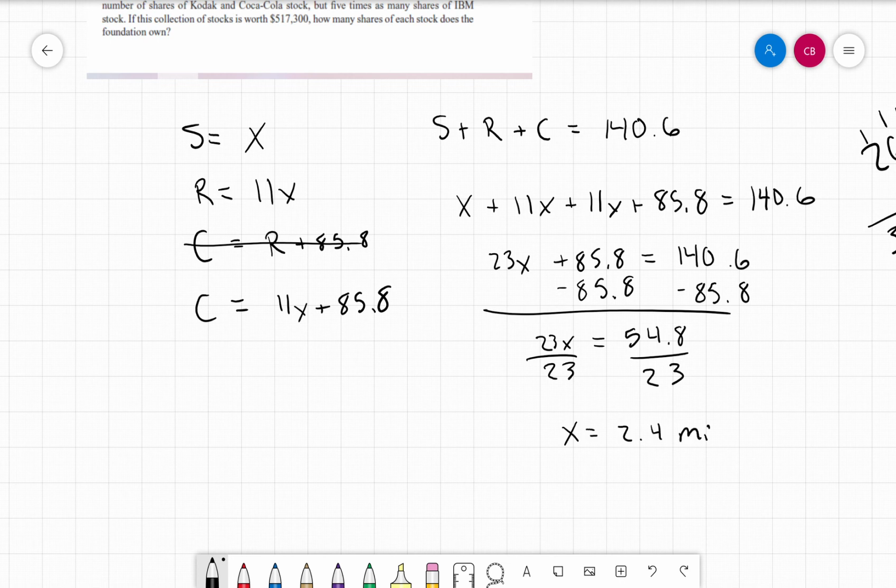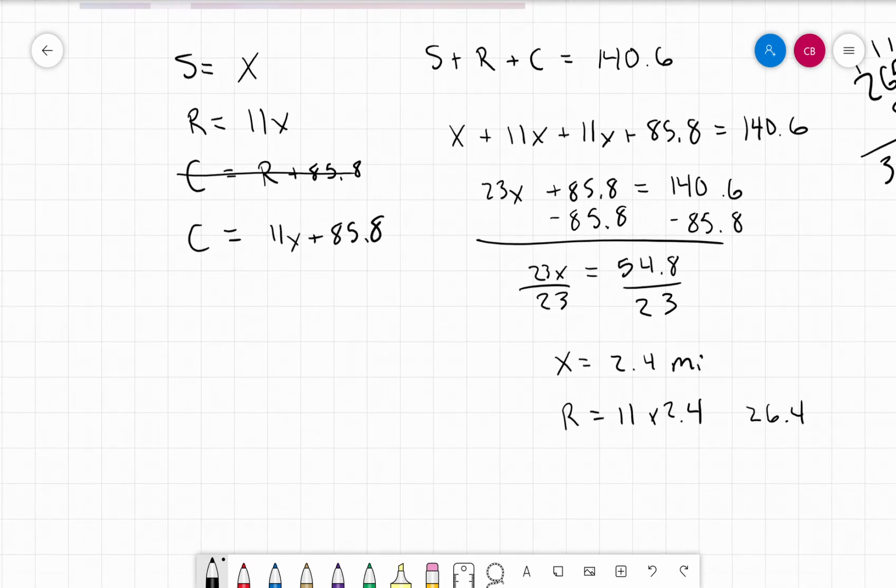So then r is equal to 11 times 2.4. I just rounded, by the way. This is 26.4. And then c is equal to 11x, which we just found to be 26.4, plus 85.8.